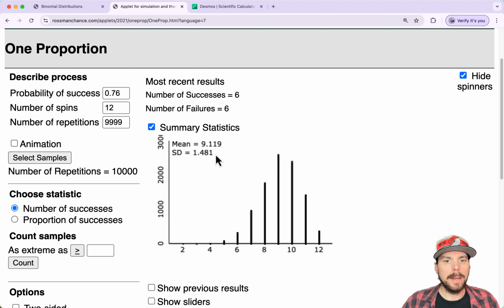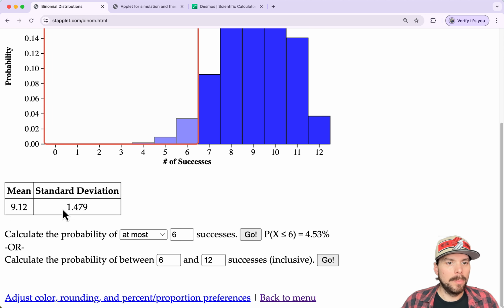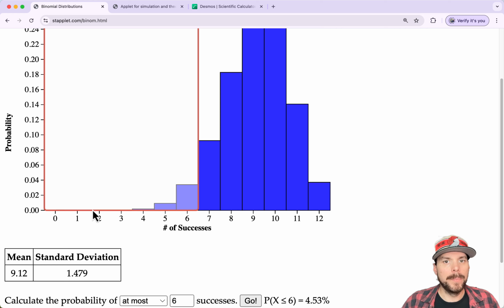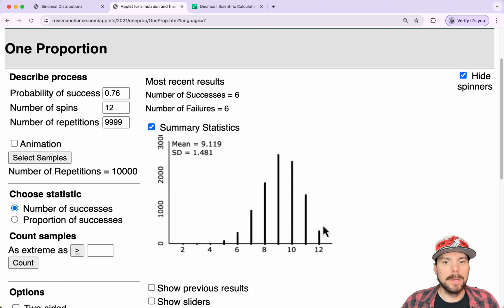We've also got a comparable standard deviation. Here from simulated sample to simulated sample, the standard deviation of the number of Mexican American jurors is about 1.48 or 1.5. Here we had 1.48 as well. So we're seeing a very similar curve there.